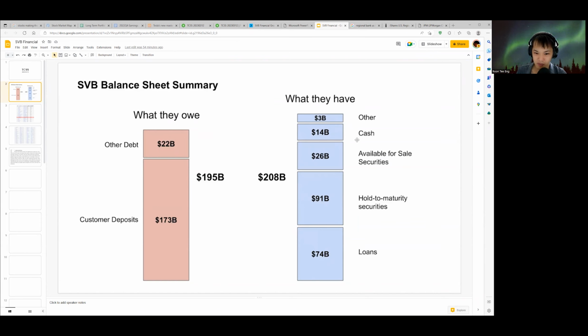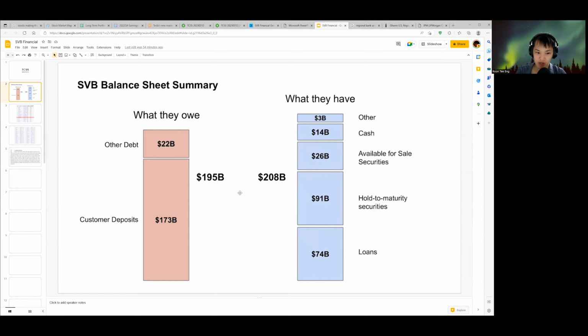Of course, before that happens, they can actually talk to the Fed and get some lending facility here and there. There are things that they can do, but when you look at the balance sheet and do an assessment, basically you will know that they are already insolvent. That's why the entire bank is now placed under the FDIC, what they call receivership, meaning that the government already takes control of the bank and stops the withdrawals.